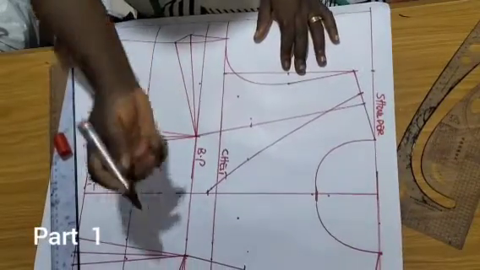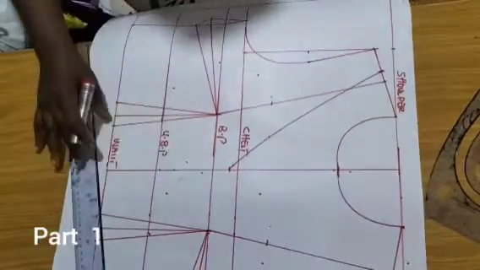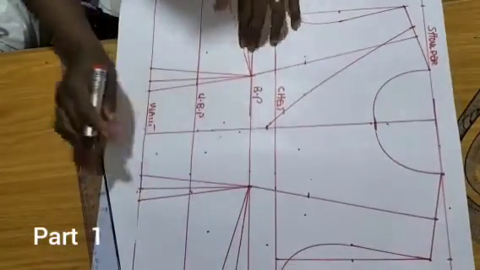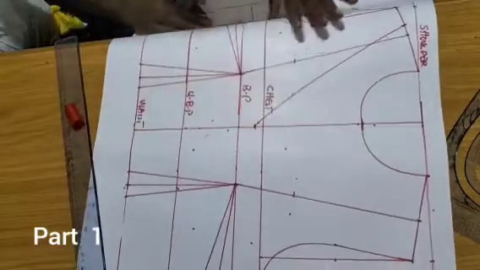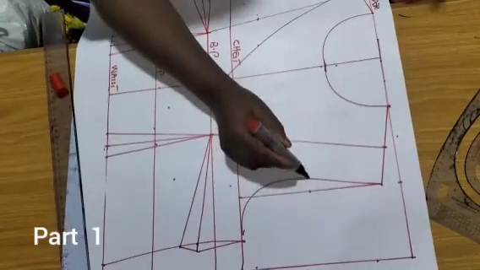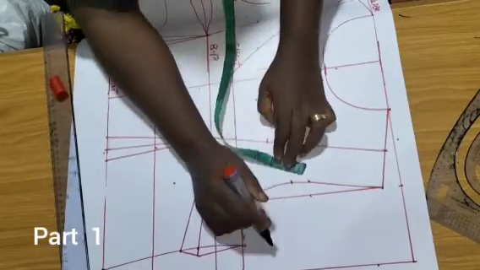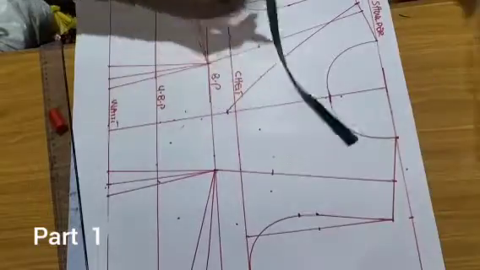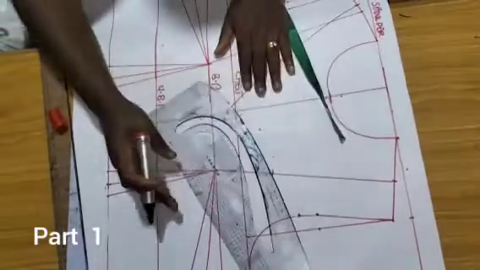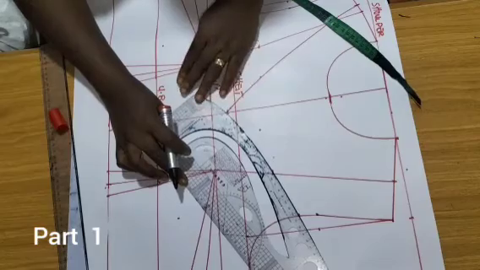So the next line I want to connect now, I want to connect what I have on the other neckline. To do that, I'll come to the chest line on the mid armhole and I'll come down by 1 inch. That is on the mid armhole, and then I'll position my ruler from there to here.